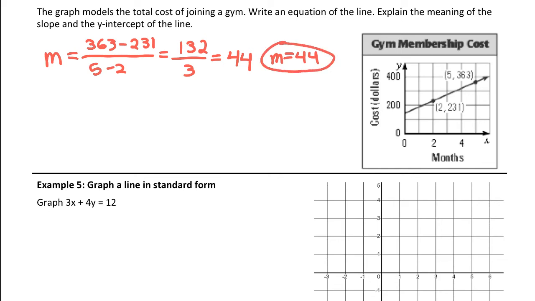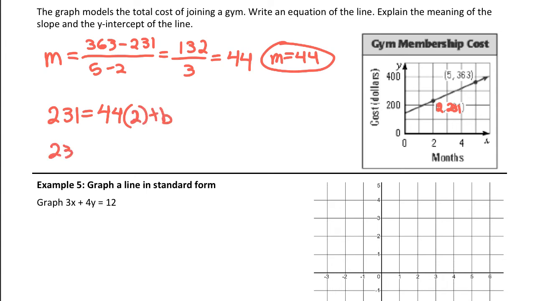From that, I can use one of the points to find my y-intercept. I know my y-intercept is going to be less than 200, so that's going to help me understand if I solved it right. So let's use the point (2, 231). Let's use that as our point. So the way I'd substitute this in, 231, y, equals mx, 44 times x, which in this case is 2, plus b.